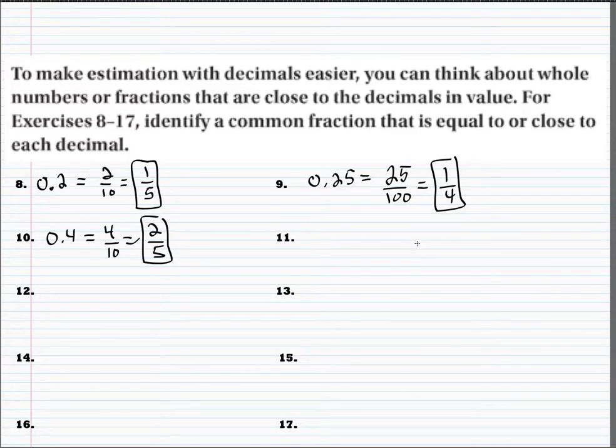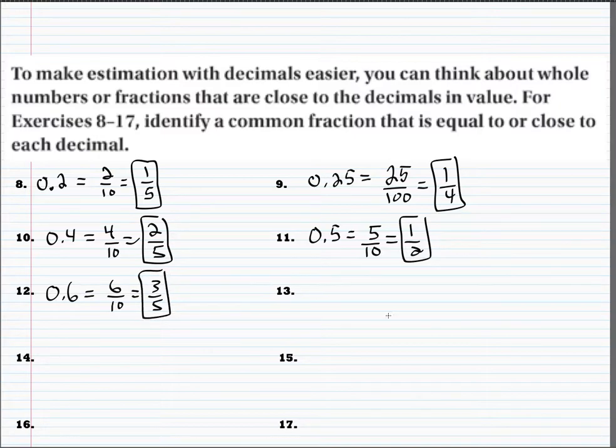For number 11, I have 5/10, which reduces to 1/2. All right, number 12, we have this, which can be written as a fraction as 6/10, but reduced, it's 3/5. And there's our benchmark there.